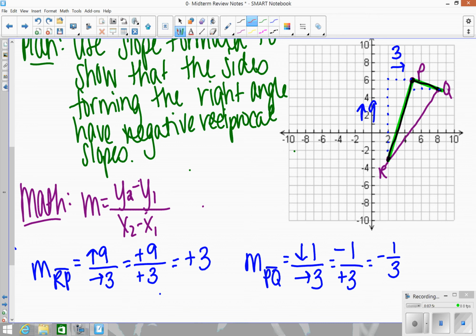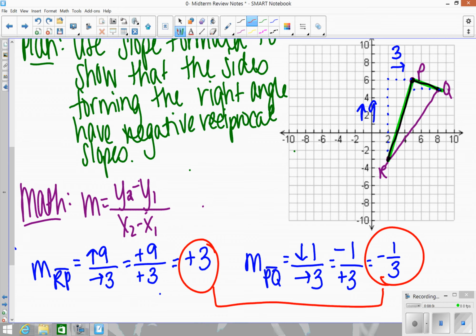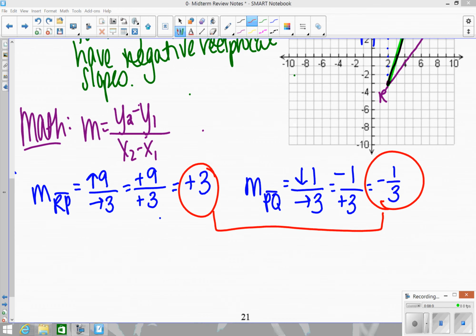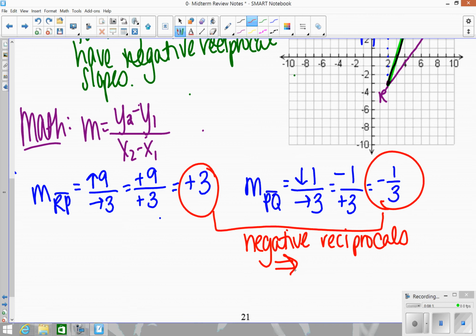So if we compare these two slopes, they are negative reciprocals. They are flipped and negated. So these are negative reciprocals, which means that angle P is a right angle.